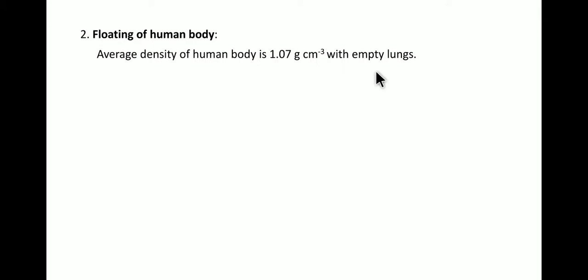That means when we breathe in air and fill our lungs with air, our volume will increase and hence the density will decrease. So when the lungs are filled with air, the density becomes 1.00 gram per centimeter cube, which is equal to the density of water.